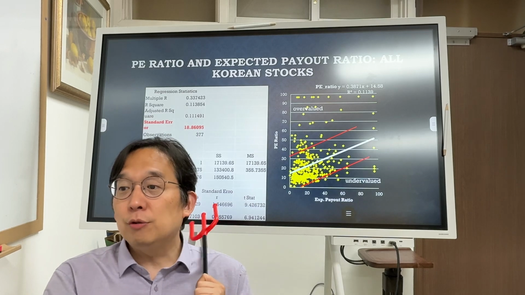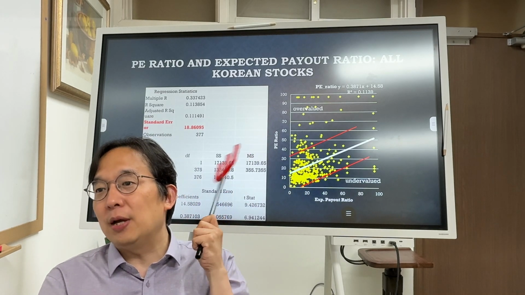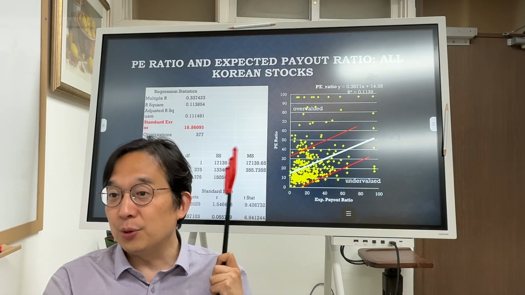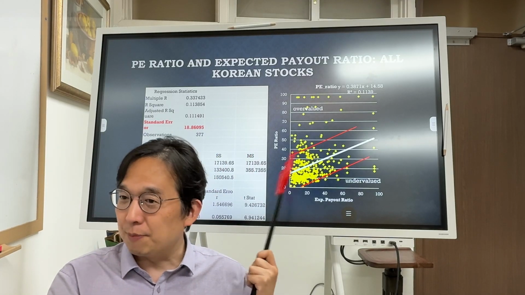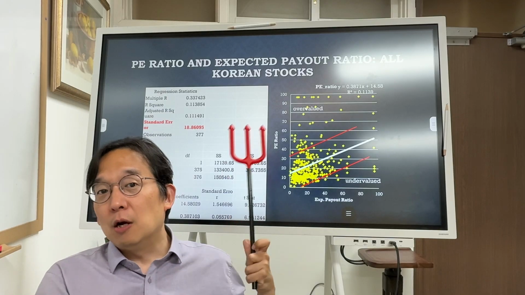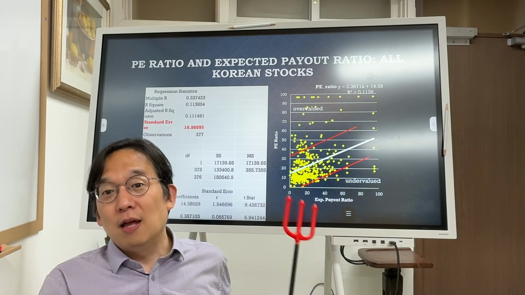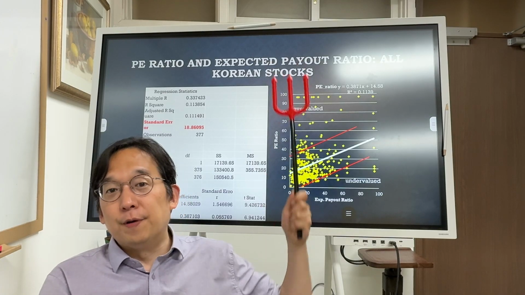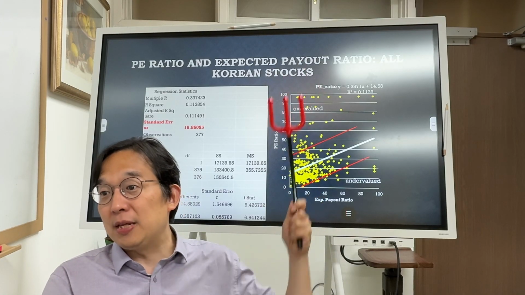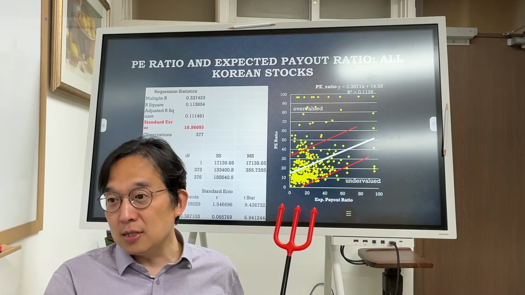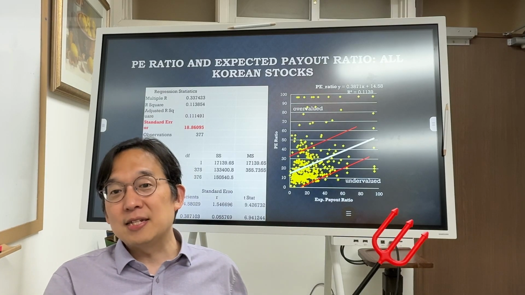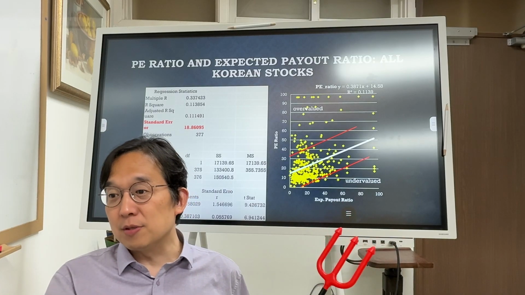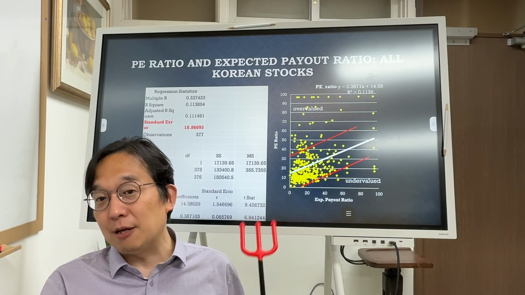So regression, okay, PE ratio and expected payout ratio, all Korean stocks are thrown out over here in 2015, I believe, okay? And I show you a scatter plot. Always your multiple is on the vertical axis, okay? Here is the PE ratio of Korean companies, and then on the horizontal axis, you need those economic fundamental variables. Here I used expected payout ratio.